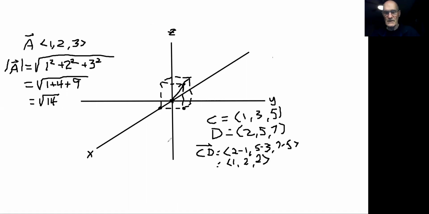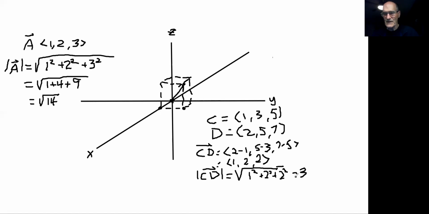And then if I come down here once again and do the magnitude of CD in 3 dimensions, remember I put the absolute value on it, and that equals the square root of 1 squared plus 2 squared plus 2 squared, which ends up being 1 plus 4 plus 4, which is the square root of 9, which is 3.